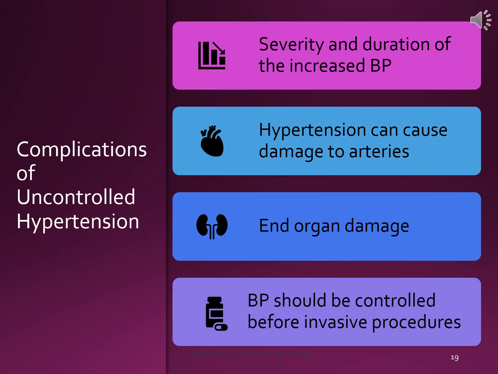One thing to note here is that your blood pressure should be well controlled before the person has any kind of an invasive procedure, because if it's not, that just increases the risk for stroke, MI, or heart failure. It's a big deal when you're having any kind of an invasive surgery or procedure. Get that blood pressure under control.